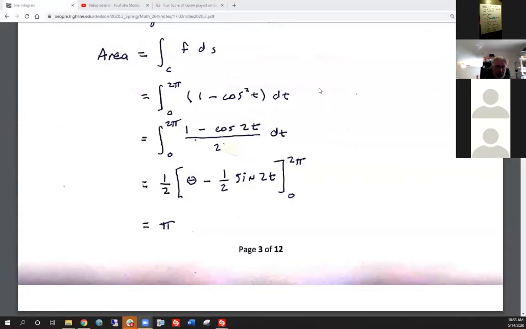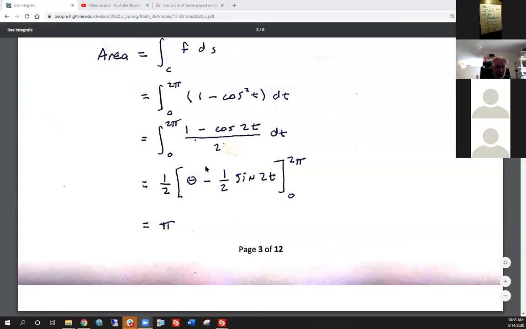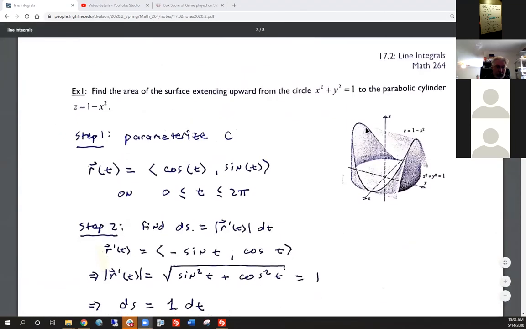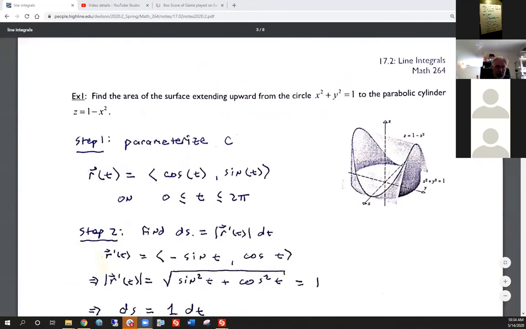So it looks like I have the same issue with my thetas and t's here as well. But the important thing is to know that this area represents a surface area. Specifically, if you go back to the picture on the handout, it would be the surface area of this wall, kind of circular, under this curved surface.